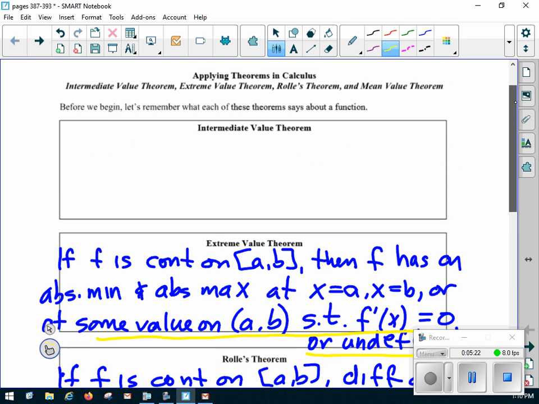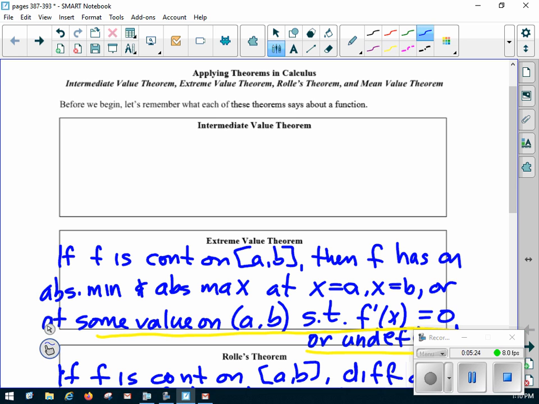Does anybody remember the intermediate value theorem? That's Rolle's theorem. You're on a roll. Ransom, how tall are you? 6'1".